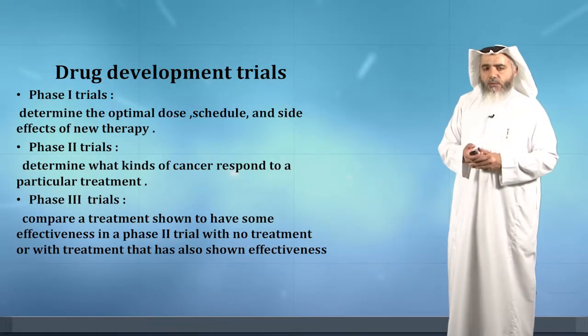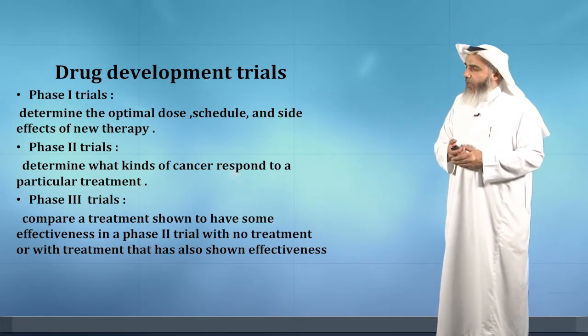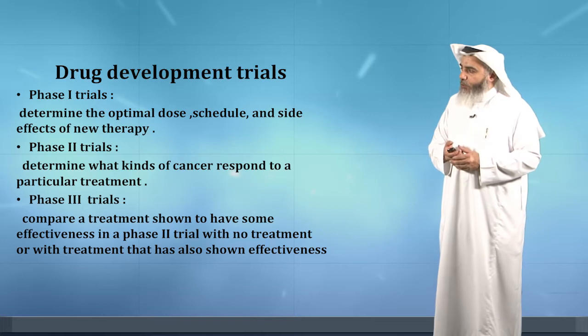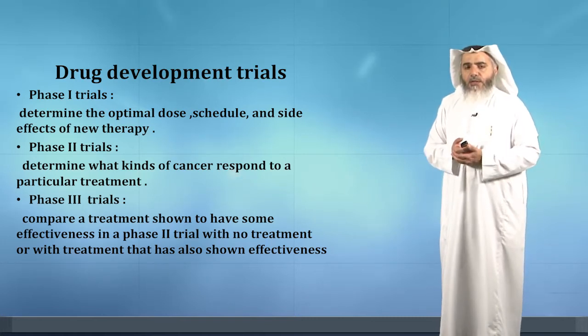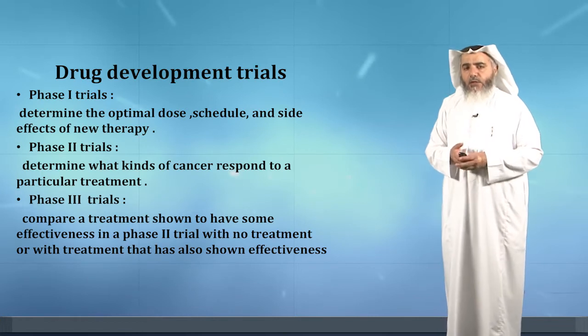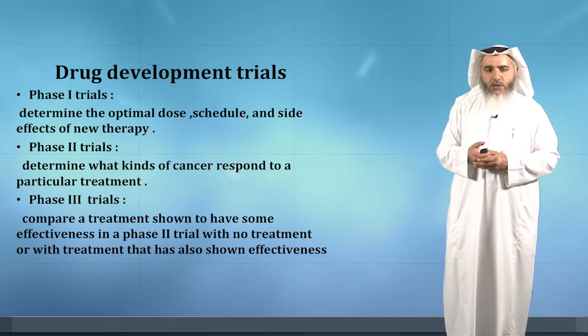How are these drugs developed? In three phases. Any chemical drug or chemotherapeutic agent, or any medicine, must be tested in the lab at different levels: phase 1 trials, phase 2 trials, and phase 3 trials.